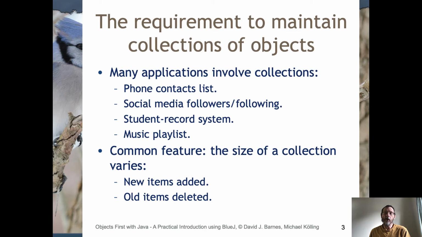You might decide to stop following somebody, other people might decide to stop following you, so numbers can go down as well as up. Similarly, in a student record system, as one set of students graduates, those student records are probably moved out of one collection into a different collection, an archive collection, and then a new set of records will be created for the next set of incoming students. So it's very common that we want to add items to a collection, and we want to remove items from a collection.